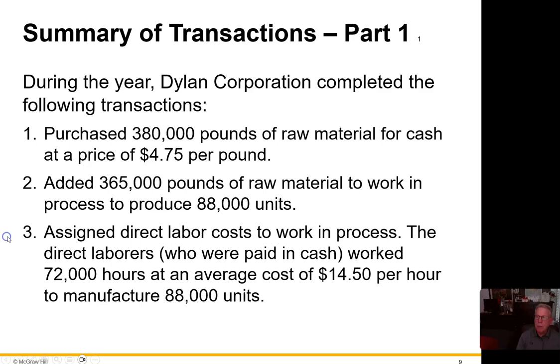And number three, it assigns direct labor costs to work in process. The direct laborers who were paid in cash worked 72,000 hours, actual, at an average cost of $14.50 per hour to manufacture those 88,000 units, actual.